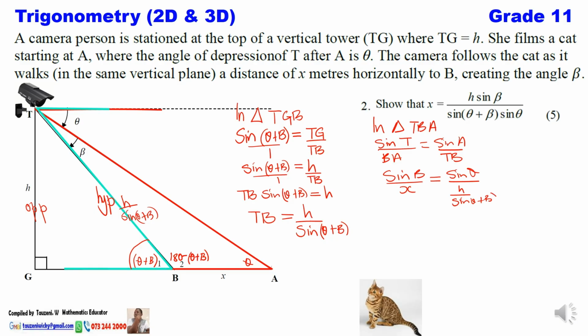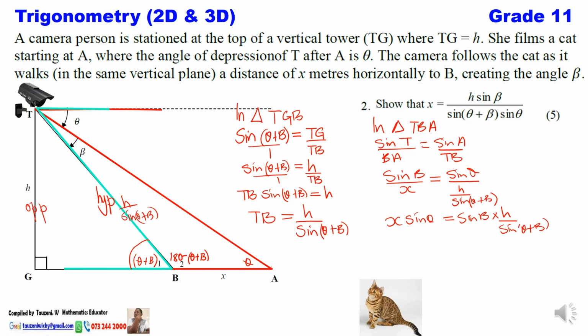Now in this expression, we need to make X the subject of the formula. By cross multiplication, X multiplied by the sine of theta is equal to the denominator here times sine B. So it's going to be the sine of B multiplied by H divided by the sine of theta plus beta.